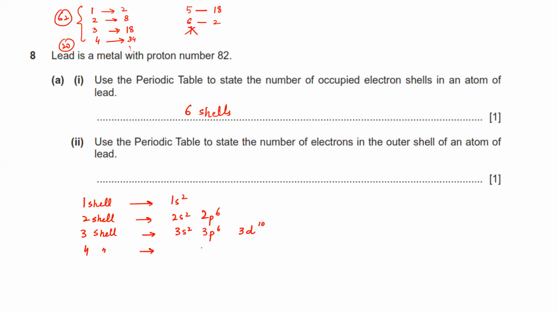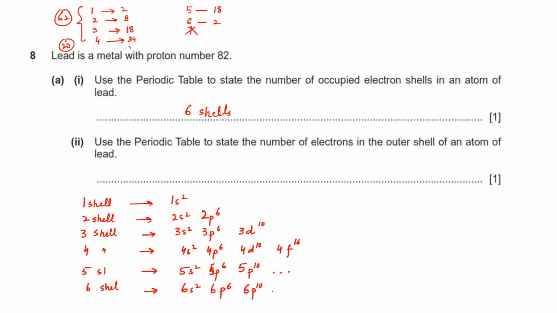The fourth shell will have 4s2, 4p6, 4d10, and 4f14. Then the fifth shell will have 5s2, 5p6, 5d10, and so on. The sixth shell will have 6s2, 6p6, 6d10, and so on.